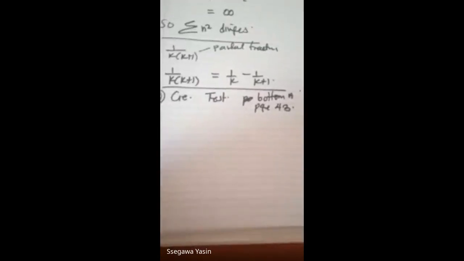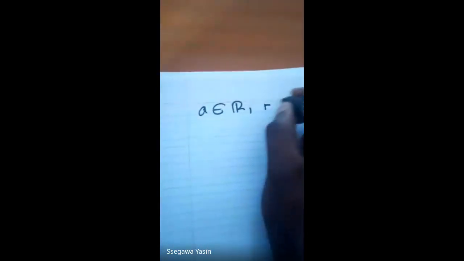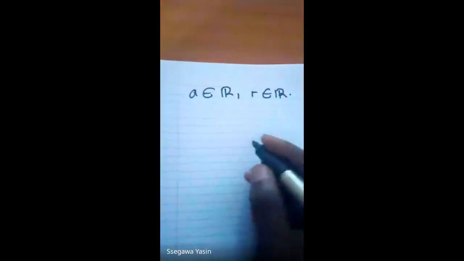And in this case, what you should specifically remember is that we are picking A from R, and also we are picking R from R. I think you remember this.